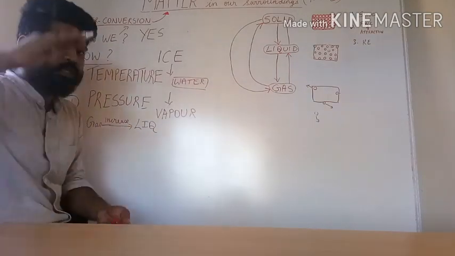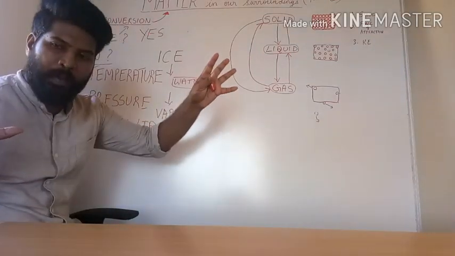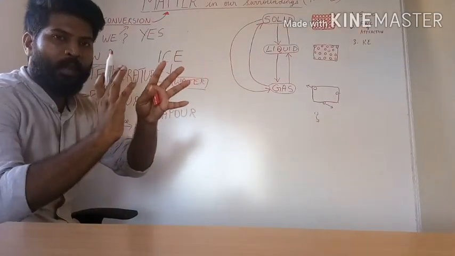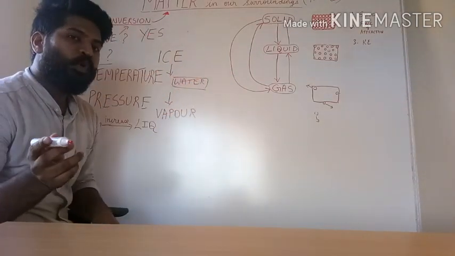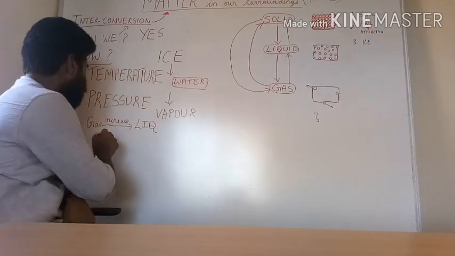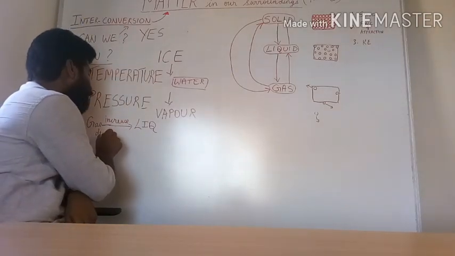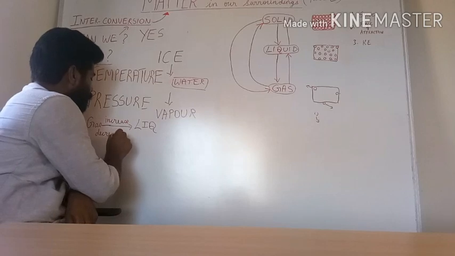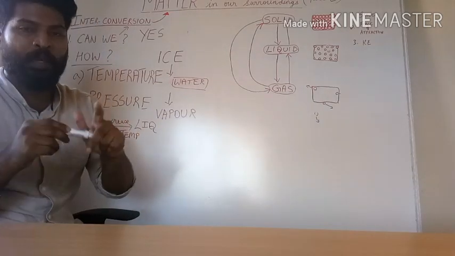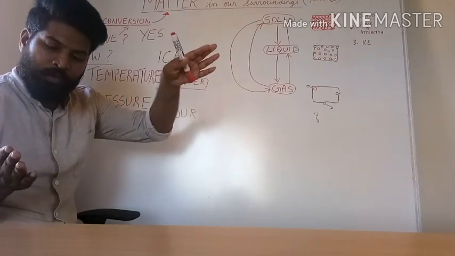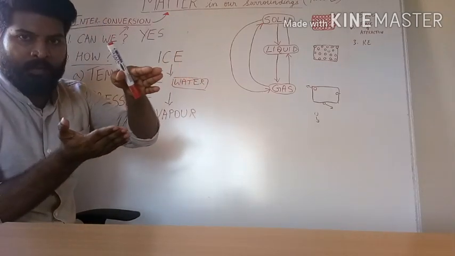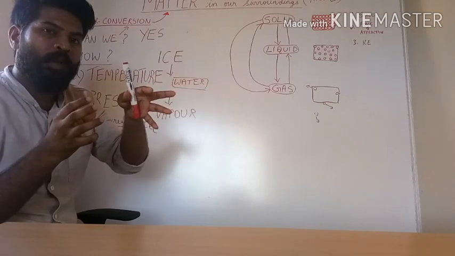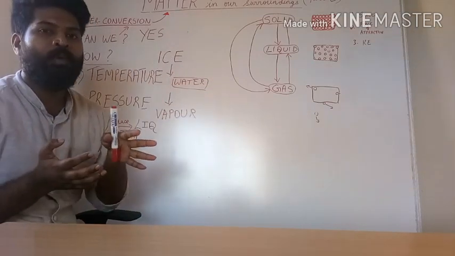We have to increase the pressure so that the particles will start coming closer. We should also do one more thing, that is we should decrease the temperature, because no doubt you will apply pressure and particles will start coming closer, but on application of pressure, what will happen?